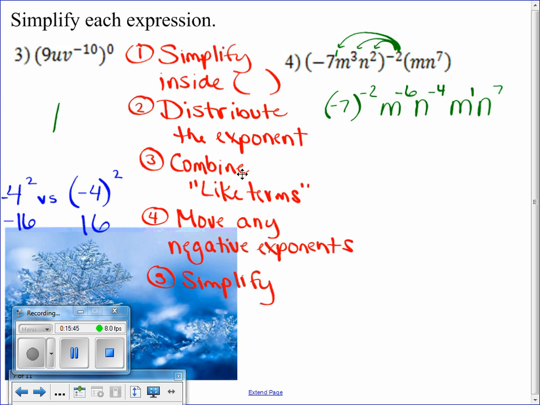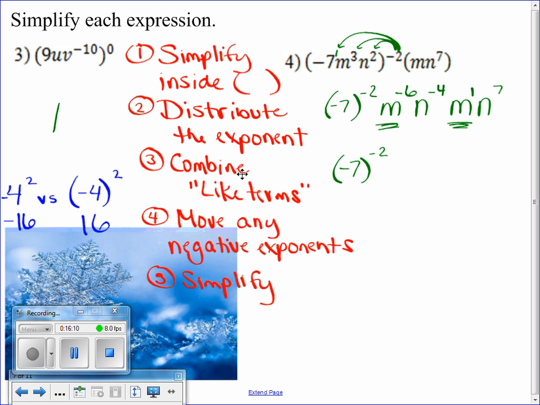All right, so that was step 2. Step 3, do you have any like terms? Yes, yes we do. Right, I have -7 to the -2 doesn't go to anything. But I have m's that go together. What am I going to do to their exponents? I'm going to add them. The only time you multiply exponents is if you're distributing.